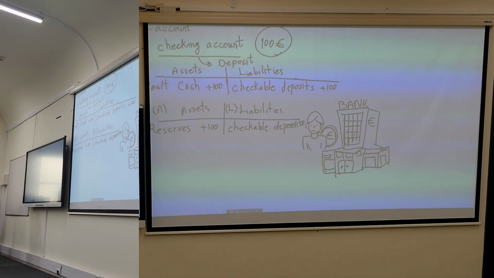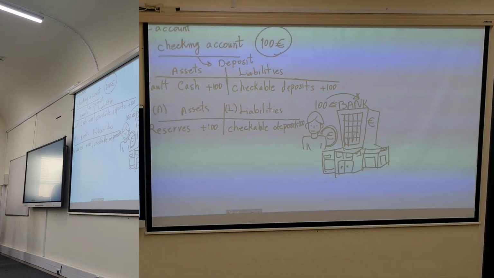So now imagine I had opened my account with 100 euros, okay, in this bank, with a check written on an account at another bank, okay? So the second national bank, let's say.